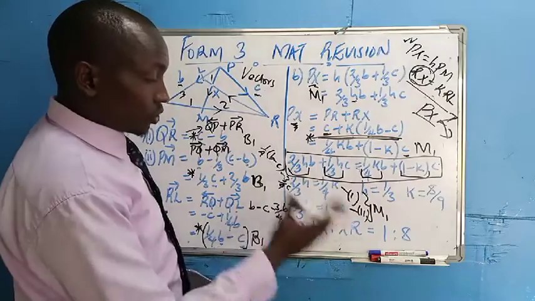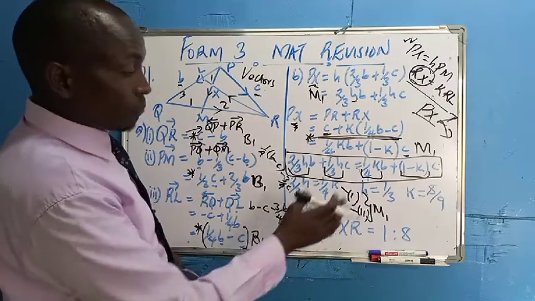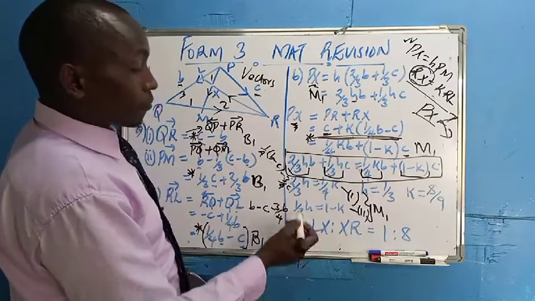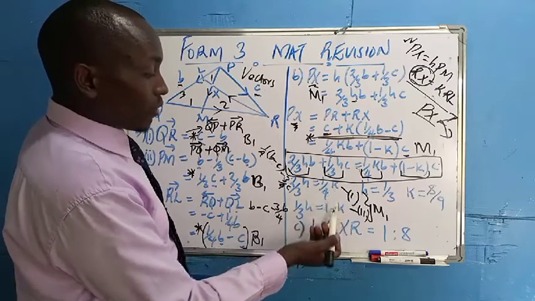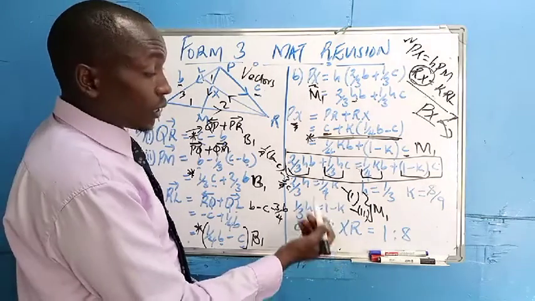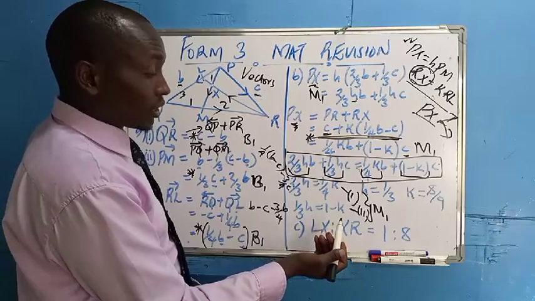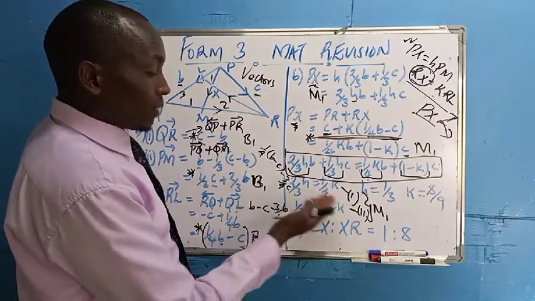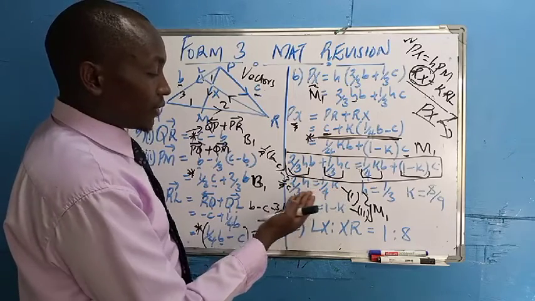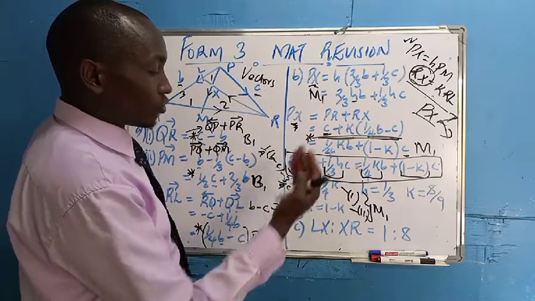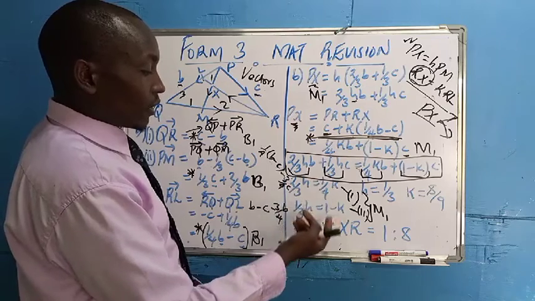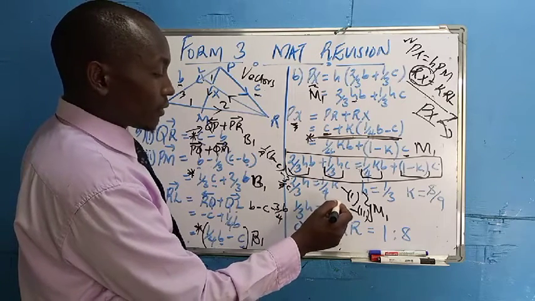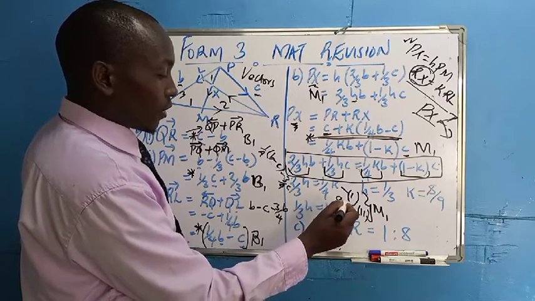Because of space, I have not gone ahead to solve it, but I have the answers here. What do I do? For this pair of simultaneous equations, I can use substitution, not elimination as such. In the first one, make k the subject by multiplying by 4. That is, k is 8 over 3 h. Then you substitute 8 over 3 h here.